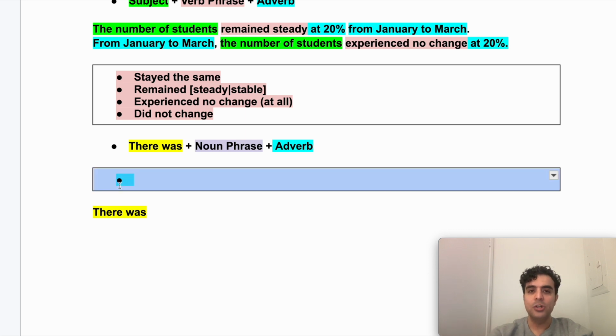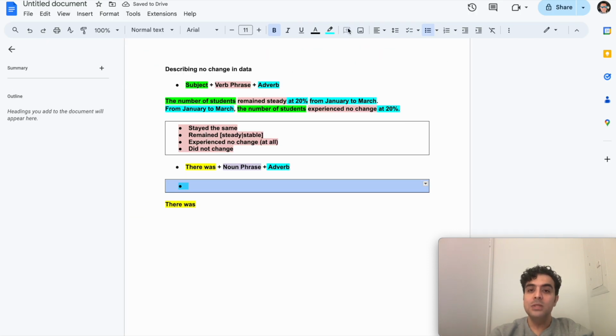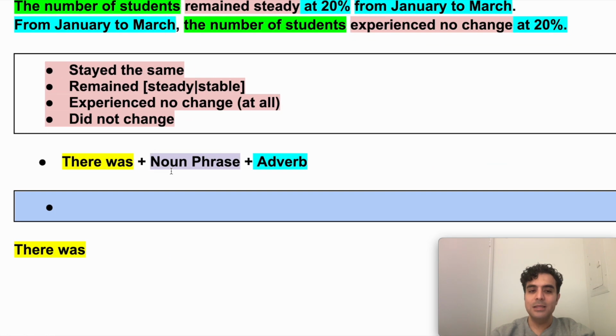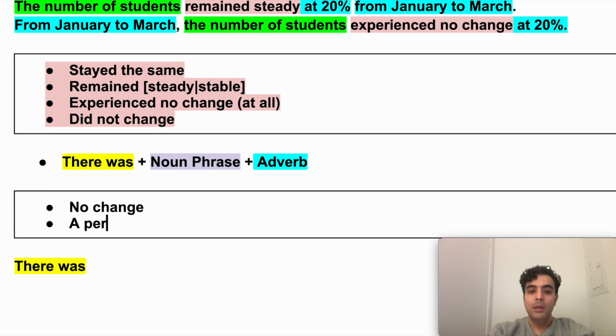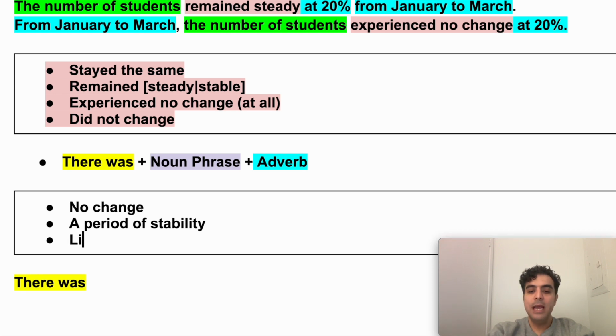These were the structures that we were using previously. So now we have to see what their equivalents are in noun phrase format. So, for example, you could say no change, or a period of stability, or perhaps you could say little change.